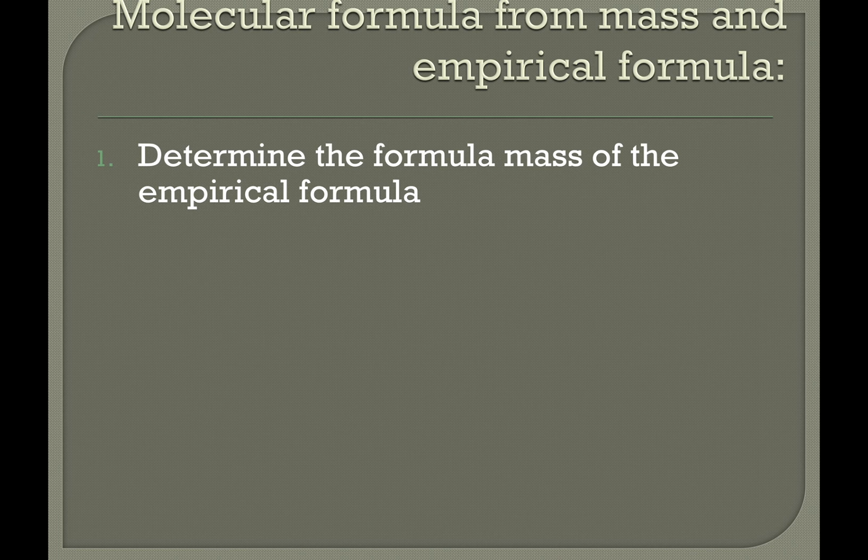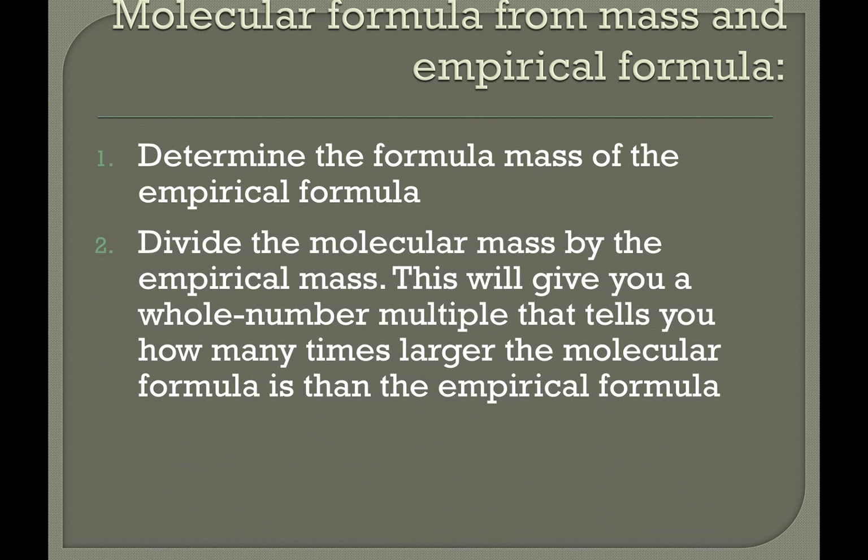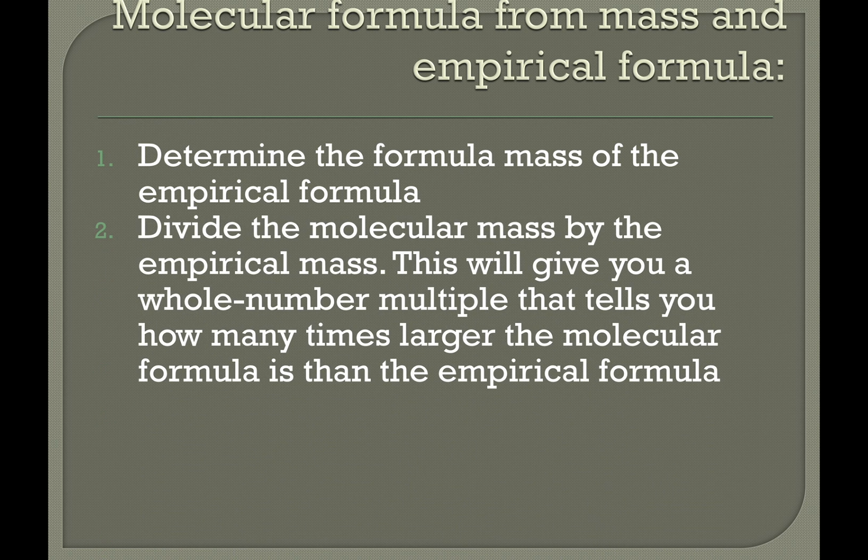So, determining molecular formula from mass and empirical formula. As long as we have a few pieces of information, we can figure out what a substance's molecular formula is. First thing we want to do is determine the formula mass of the empirical formula and divide the molecular mass by the empirical mass. This gives us a whole number multiple.